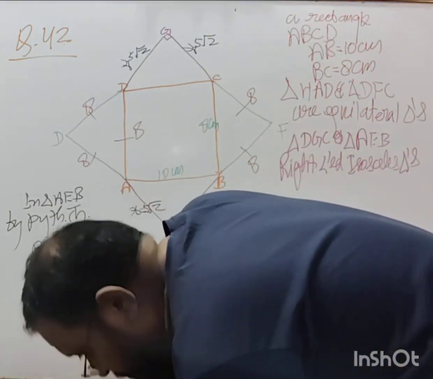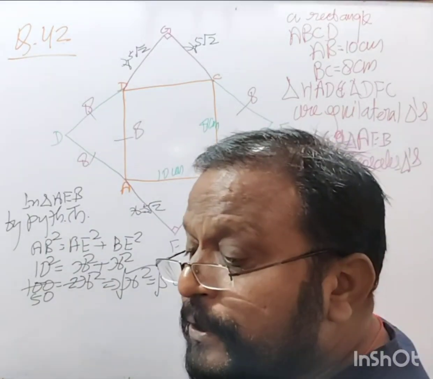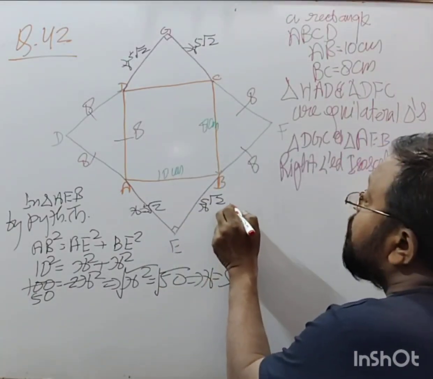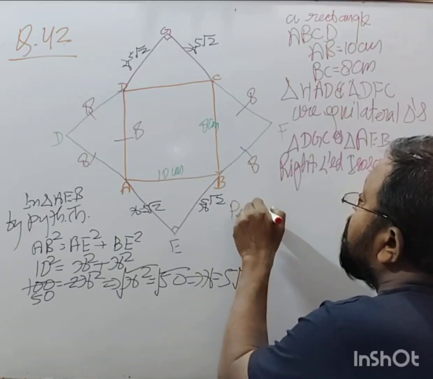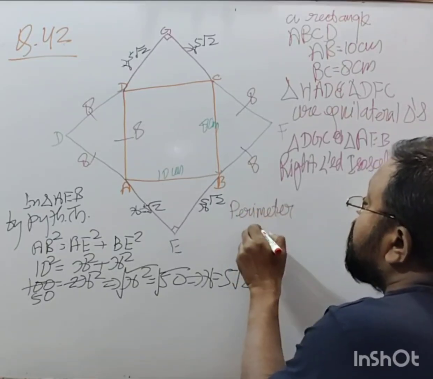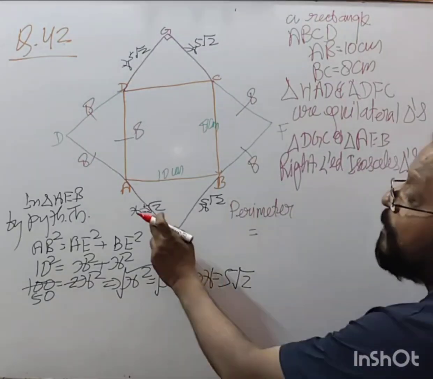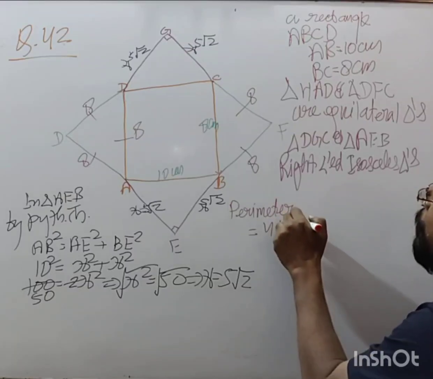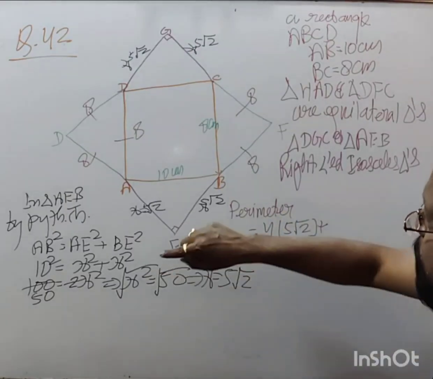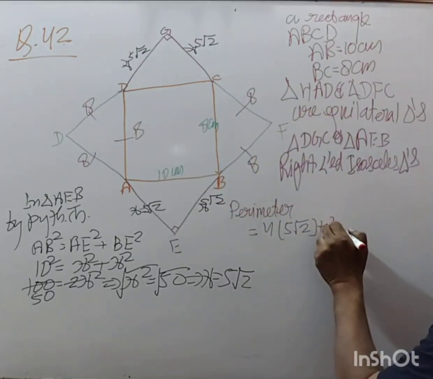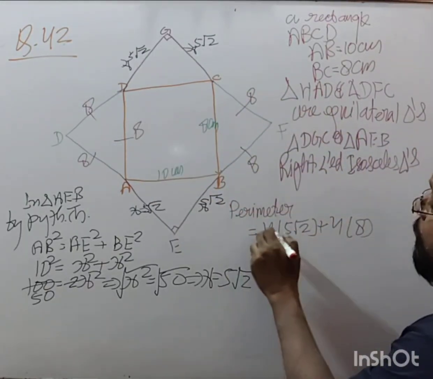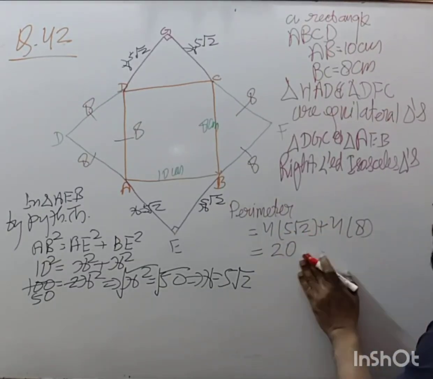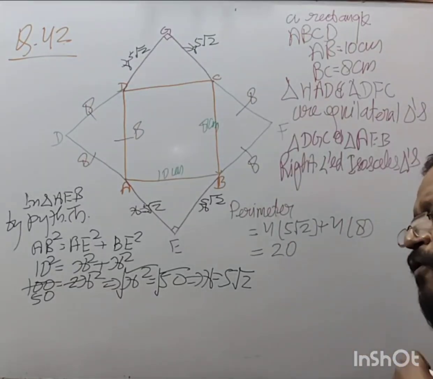Okay. Now, if we get the perimeter, then 1, 2, 3, 4, so 4 into 5 root 2 plus 1, 2, 3, 4, 4 into 8. 5 times 4 becomes 20.